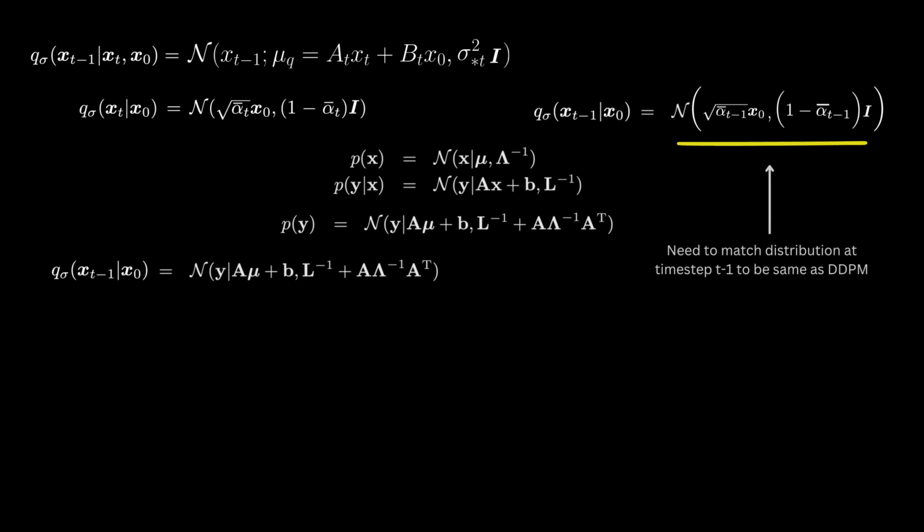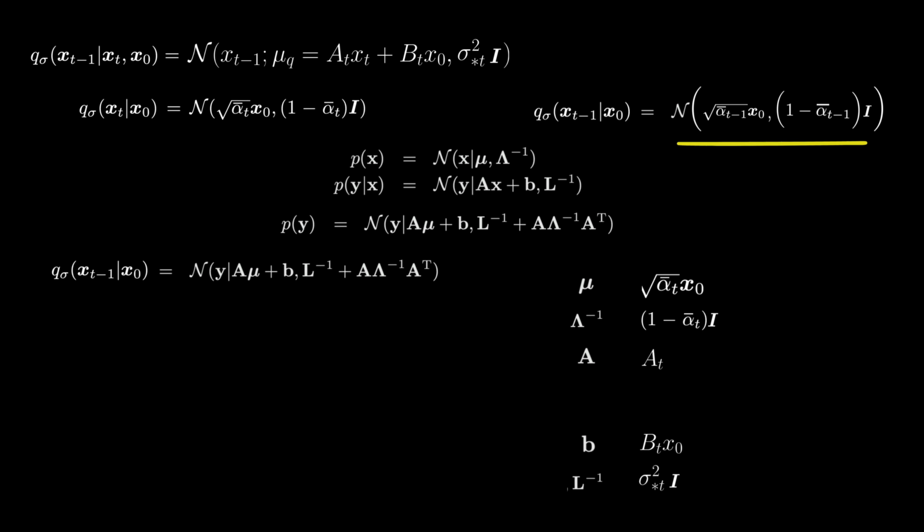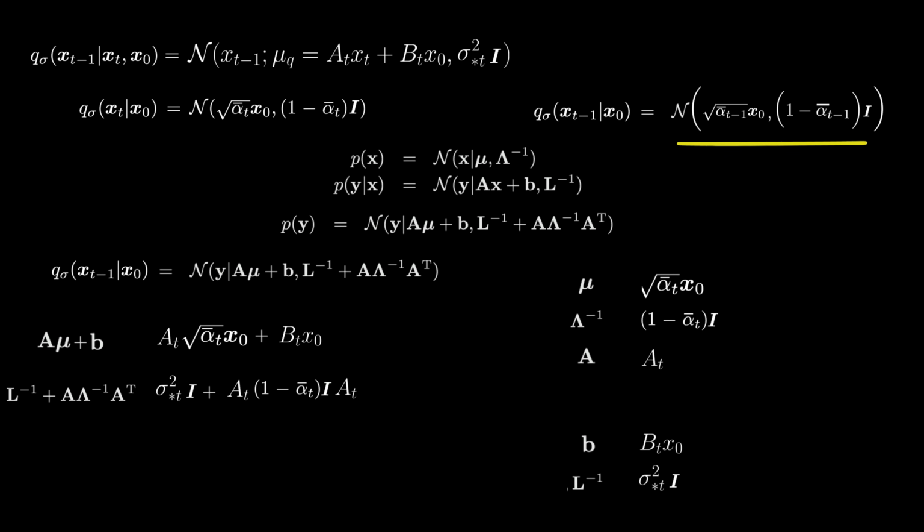So we'll just match the mean and variances to ensure that they are same and see what coefficient values we ultimately end up with for at and bt. These are now the values for all the terms involved in the identity. So according to the identity, mean of p of y or q of xt minus 1 given x0 becomes a mu plus b, which is this, and variance is this.